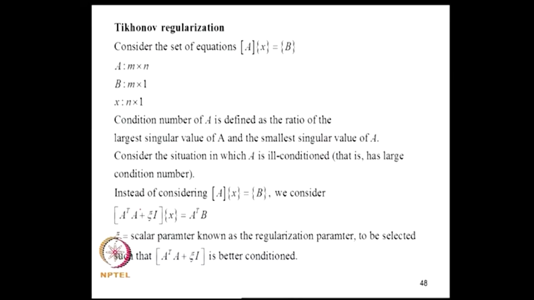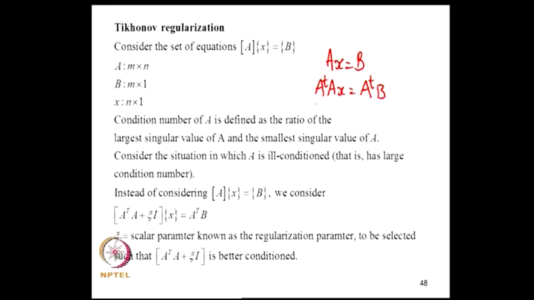Now, instead of considering Ax equal to b, we consider a modified version of this. For example, how do we proceed to find the pseudo inverse? I pre-multiply by A transpose, and A transpose A is a square matrix that I will invert. That is what we have been doing. I have Ax equal to b, I can pre-multiply by A transpose.